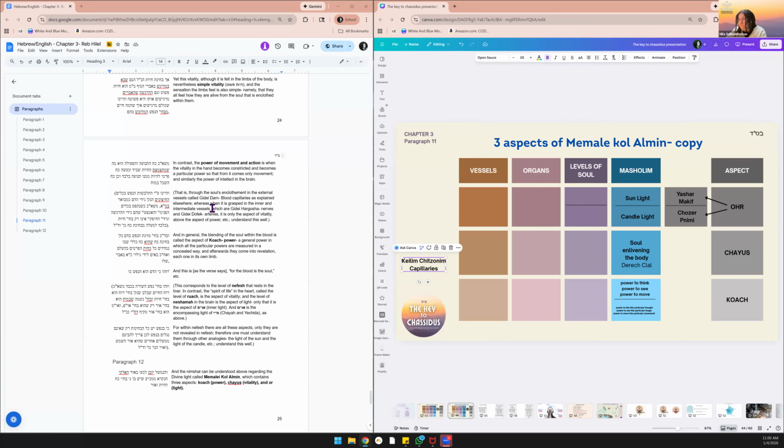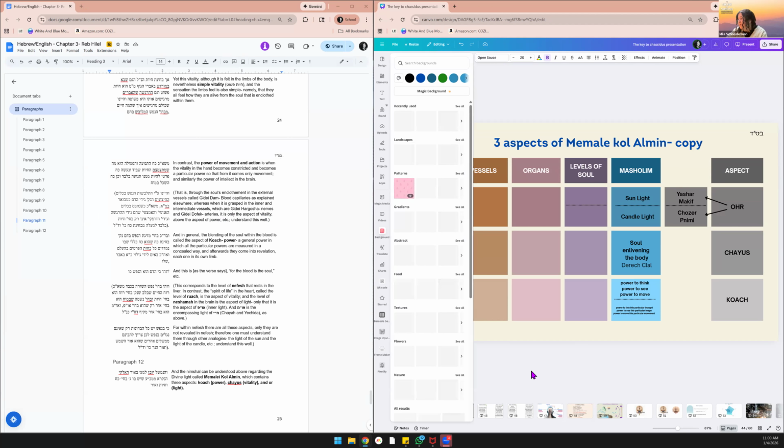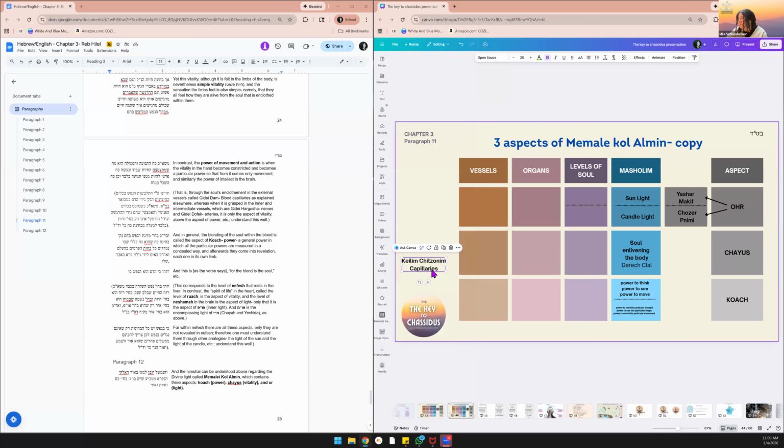What happens then? Blood capillaries, as explained elsewhere, where when it's grasped in the inner intermediate vessels, which is gidei hargasha, nerves, and gidei dofik, arteries, it is only the aspect of vitality above the aspect of power. Okay, good. So now we know three things exist. Kelim pnimim, and this is what was nerves.